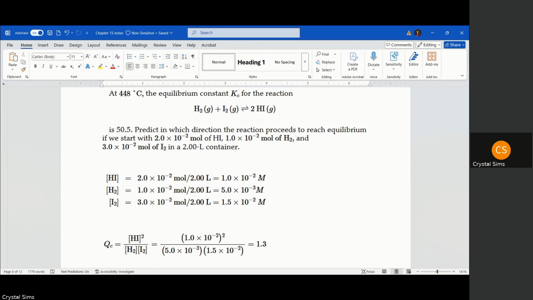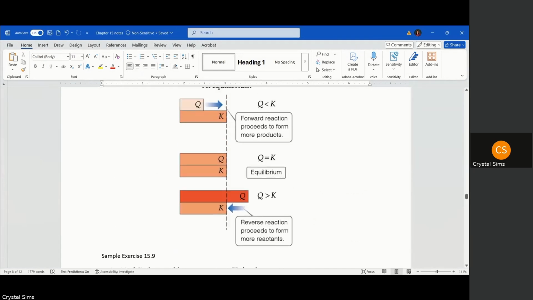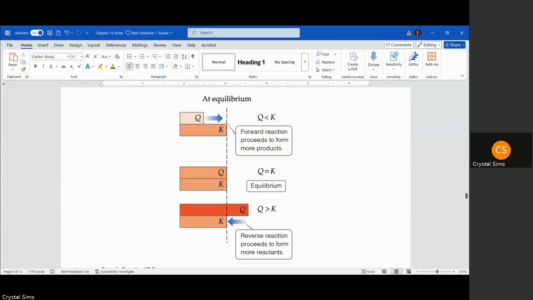Now, they told us that our equilibrium constant is 50.5. So our reaction quotient is less than our equilibrium constant. So we are right here. Q is less than K, so we need the reaction to move forward.